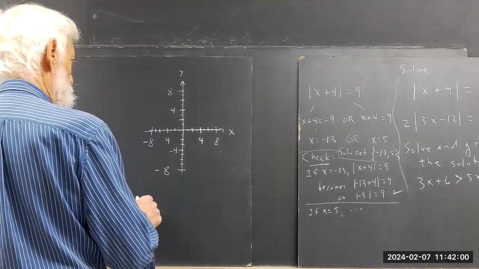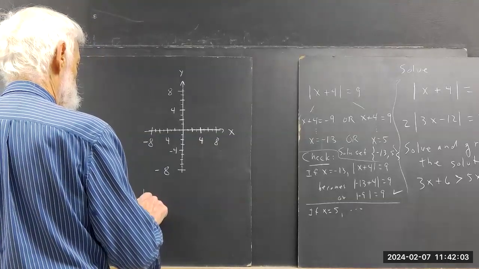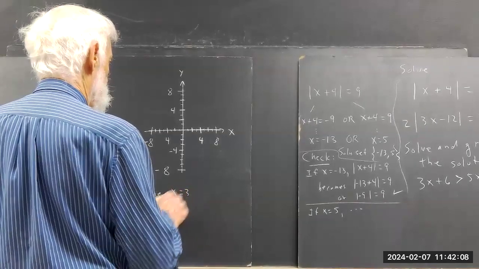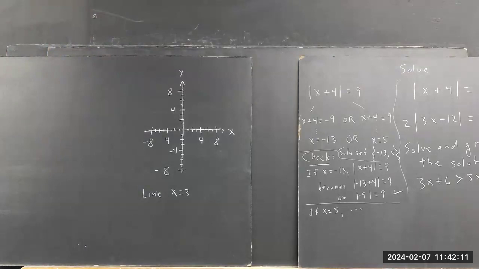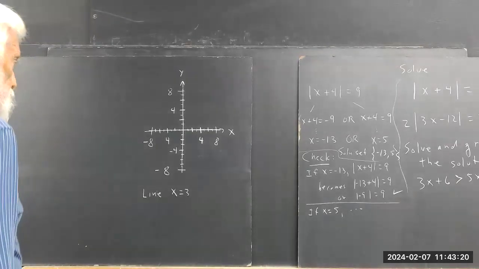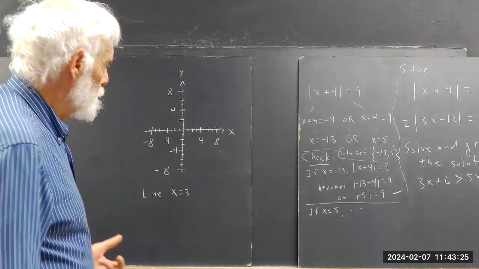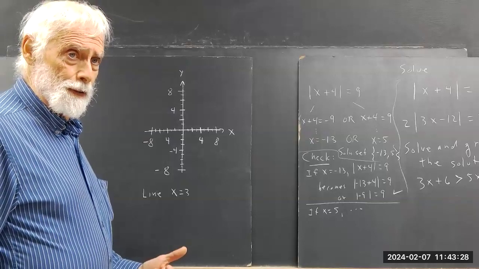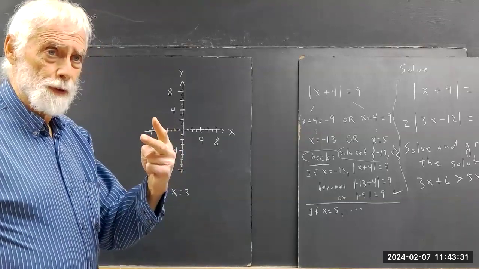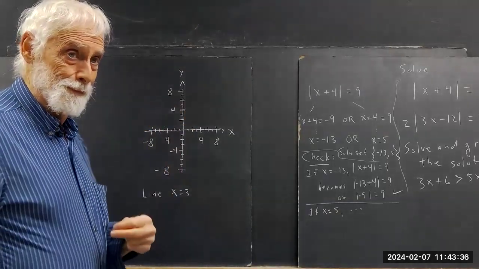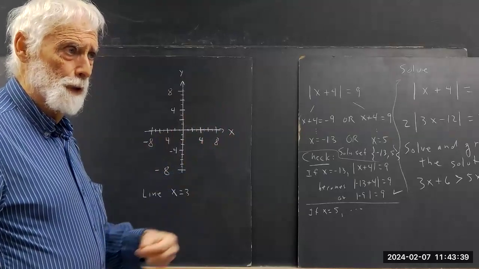Can you draw the line x equals 3? The line x equals 3 consists of all the points whose x coordinate is 3. Can you draw 2 points whose x coordinate is 3? Just see if you know what I mean by x coordinate.